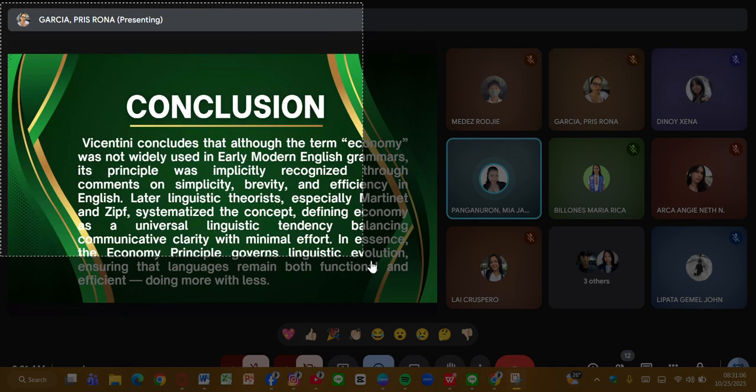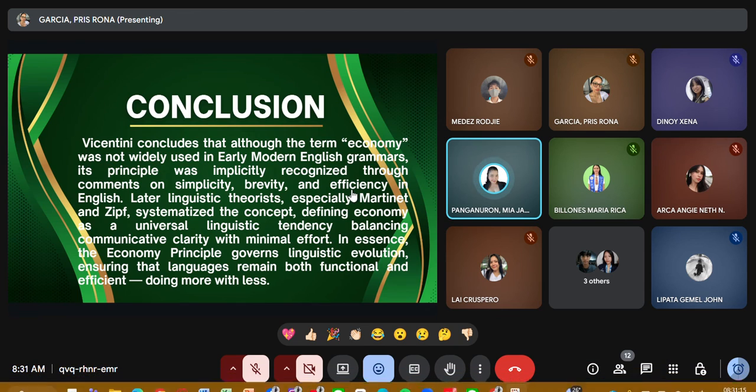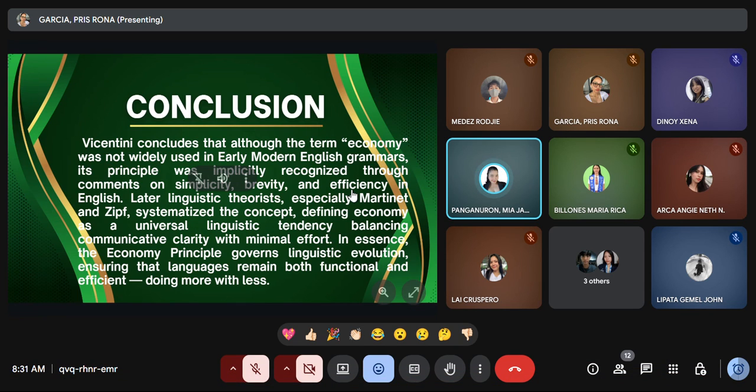Later on, well-known linguistic theorists such as Andre Martinet and George Zipf helped develop and formalize this idea. They introduced the principle of economy as a universal rule that exists in all languages. According to them, every language naturally tries to maintain a balance between two important goals.